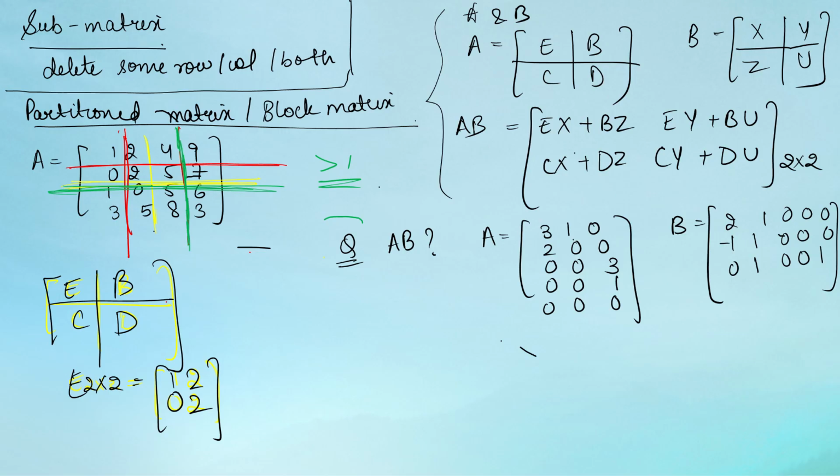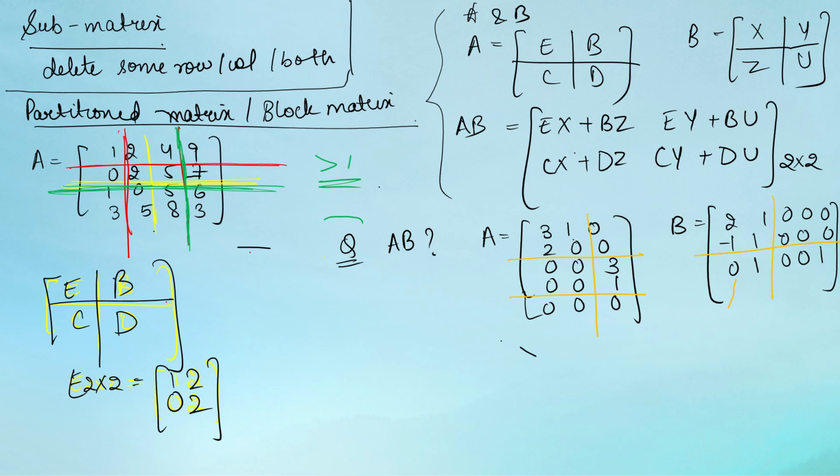Let's partition them. For this question, I'll give you the partition matrix. So one is this partitioning, and the second one is like this.